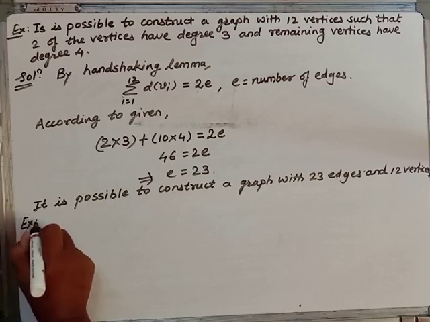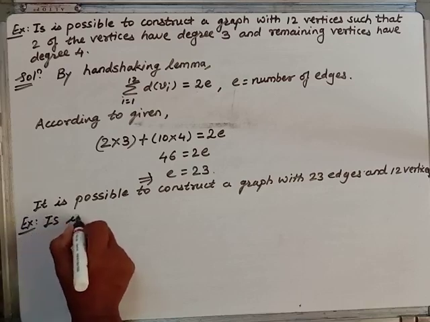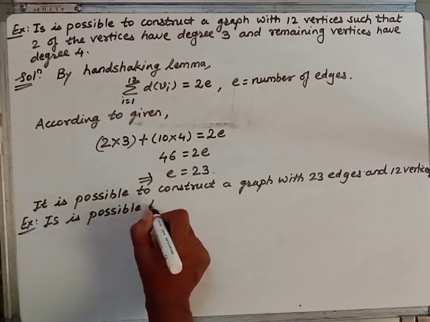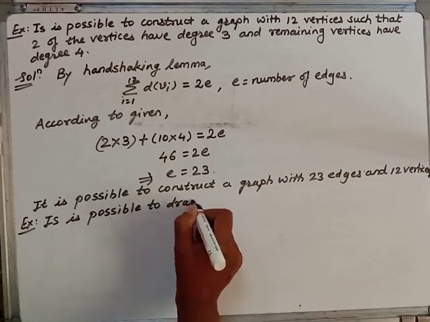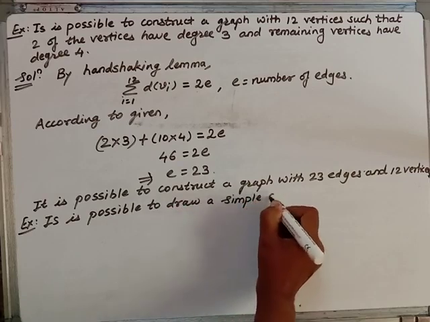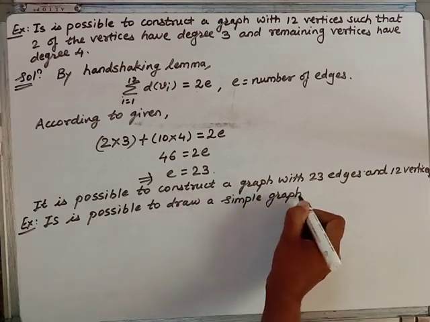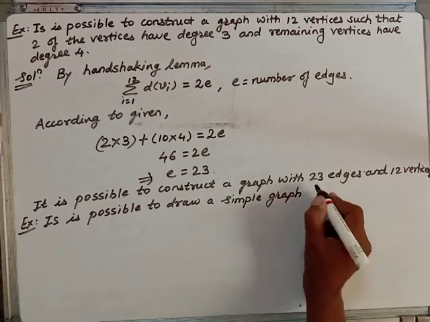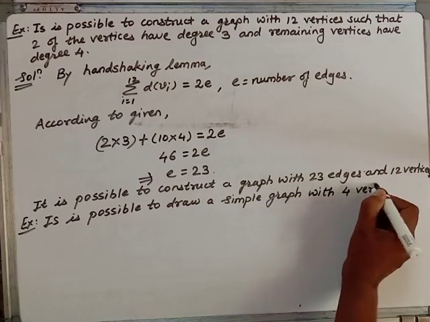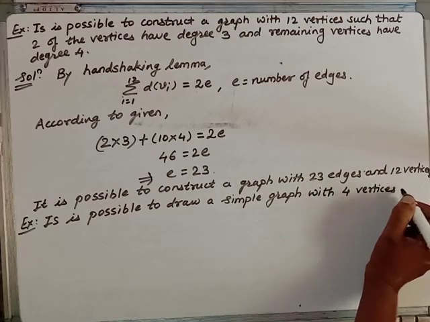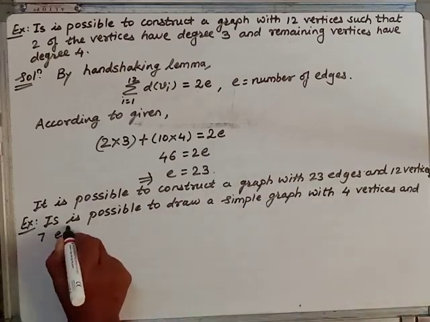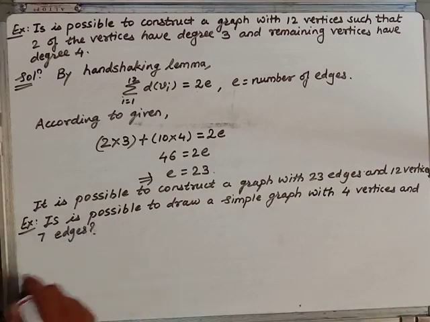Another example: is it possible to draw a simple graph with 4 vertices and 7 edges? We have to check this.